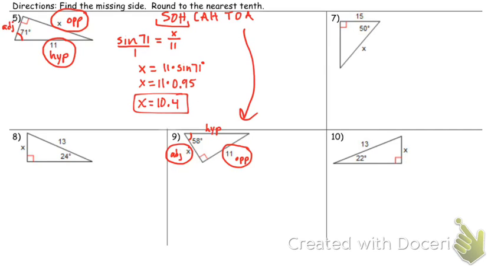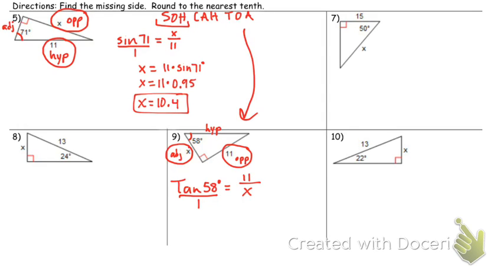So let's set this up. So it's going to be tangent. And again, we need to put our angle measure. So our angle name is 58 degrees. Equals, and tangent is opposite over adjacent. So 11 over x. Okay, and now we can put a 1 underneath this guy and cross multiply to solve.